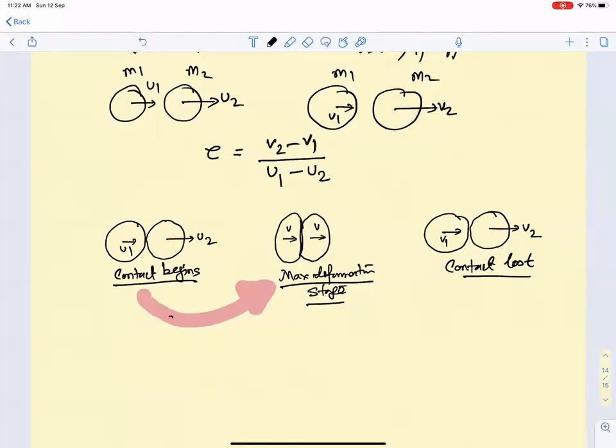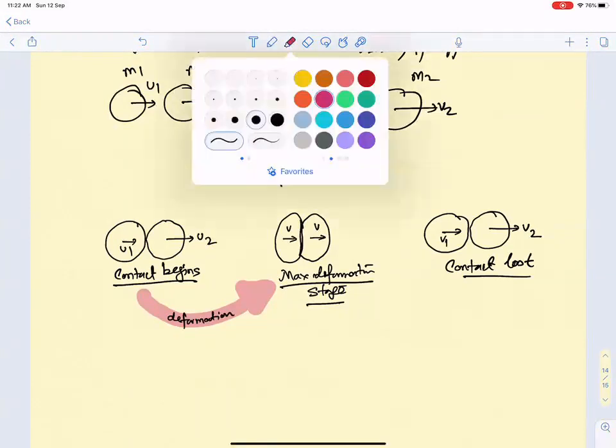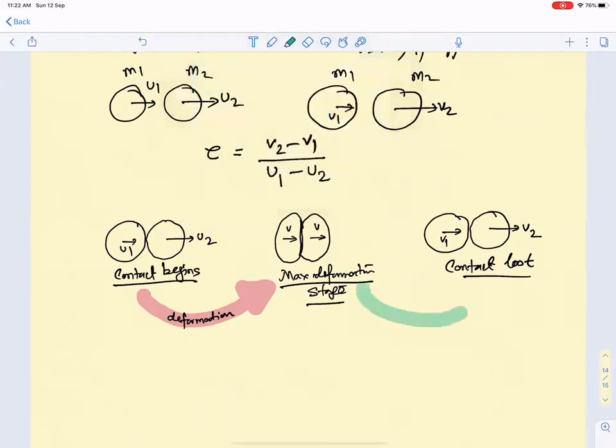is the stage of deformation, and from the maximum deformation stage to the point where the contact is lost, this is known as reformation. Here the shape of the body is regained partly or fully, depending on the type of collision.